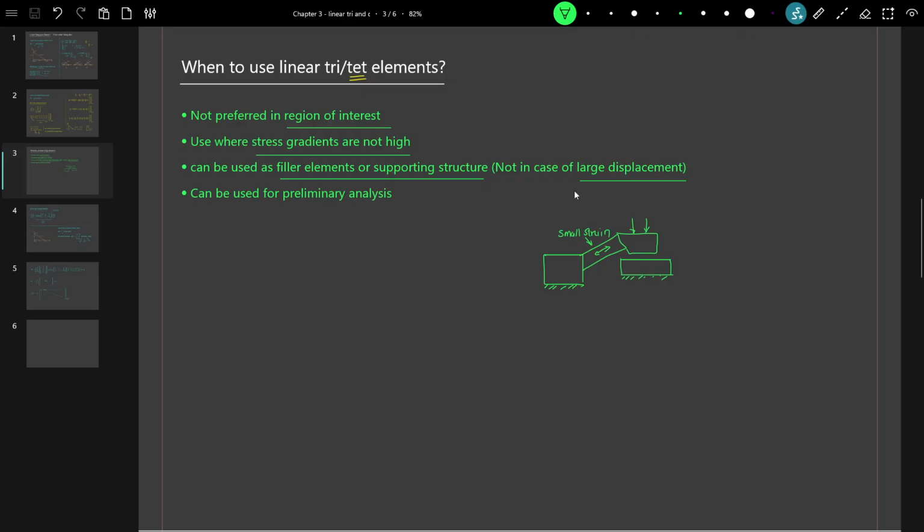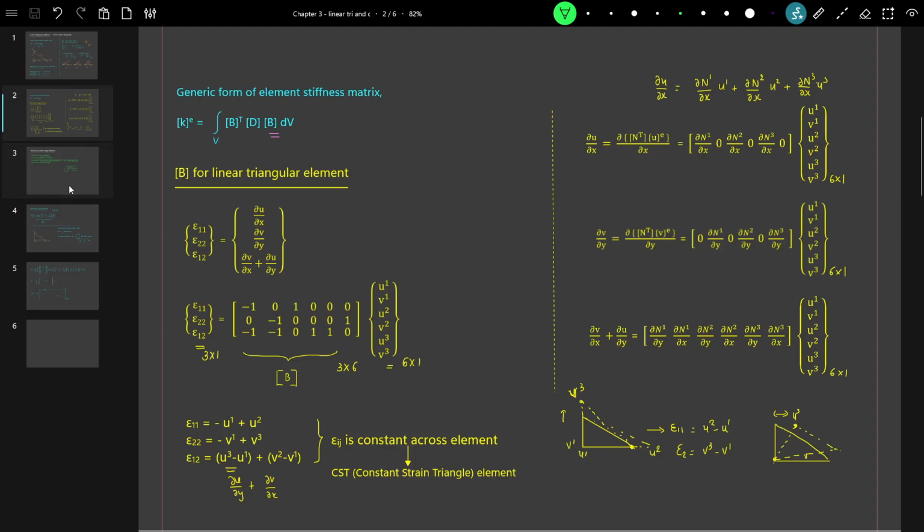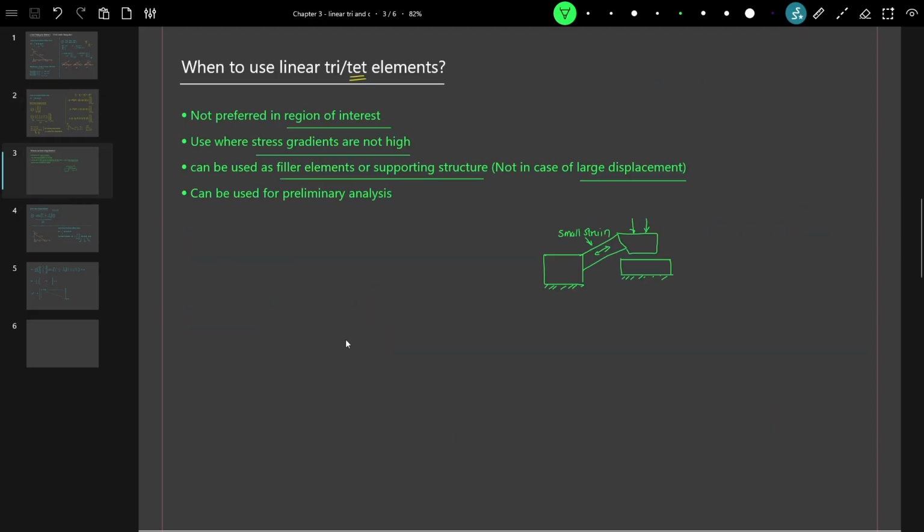Typically in bending, and as we said, this is constant across the element. So what happens in typical bending behavior? Let's take some beam type of structure, and we are meshing it with a linear tri element.